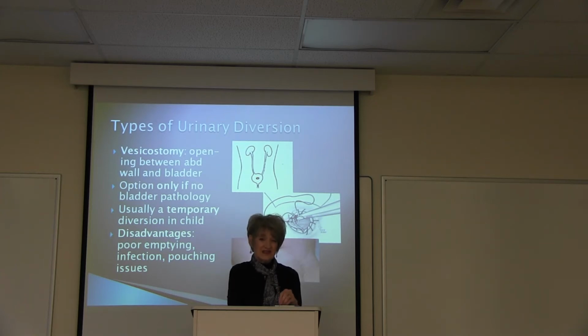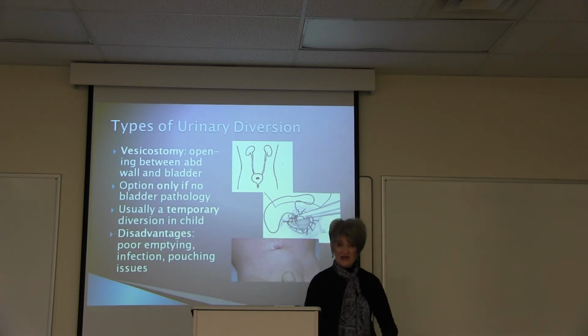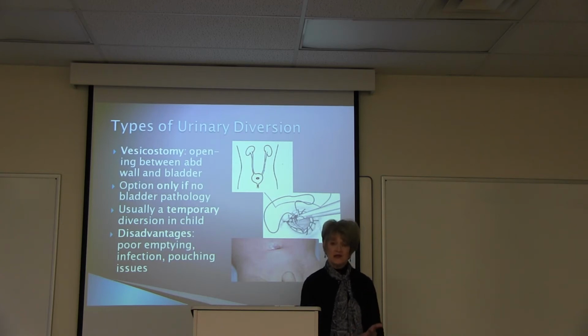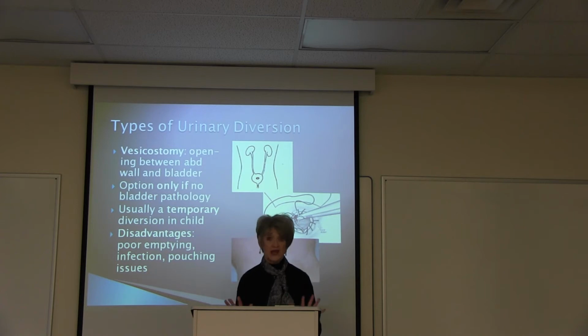And if you do a vesicostomy in an adult, you end up making a little opening into the very top of the bladder, and it's right at the pubic hairline. So it's a very difficult site to pouch. So hopefully you will never see a vesicostomy in an adult.